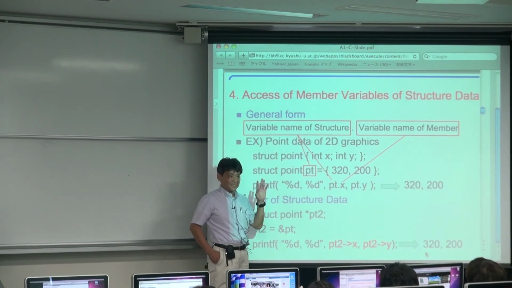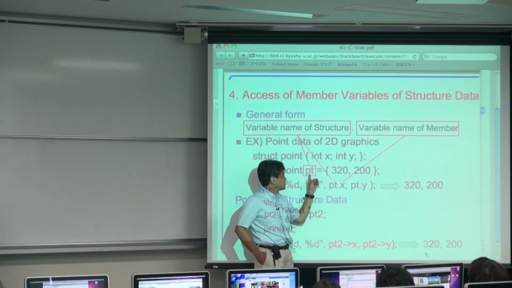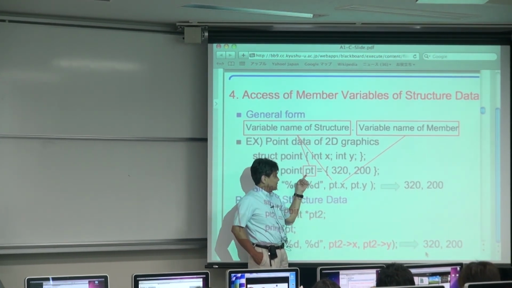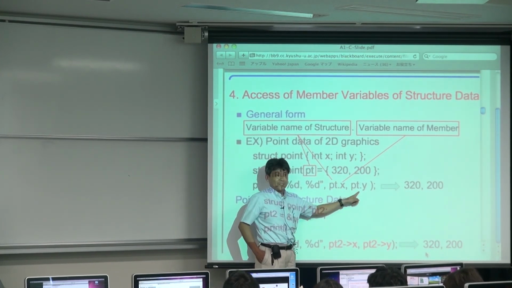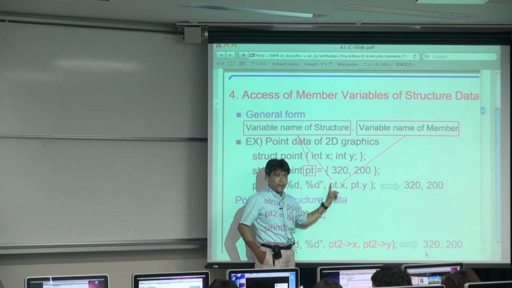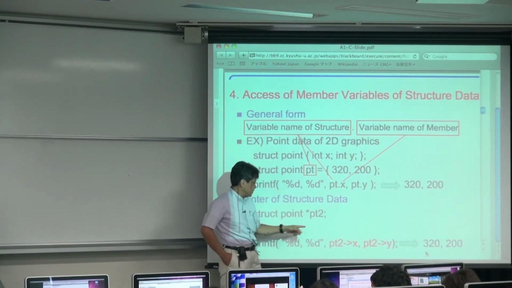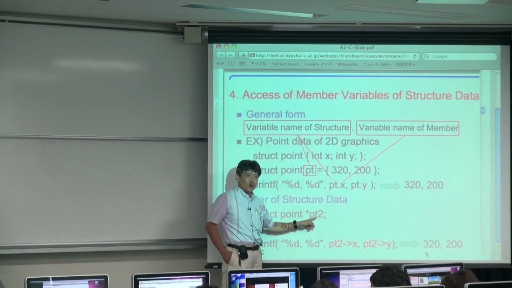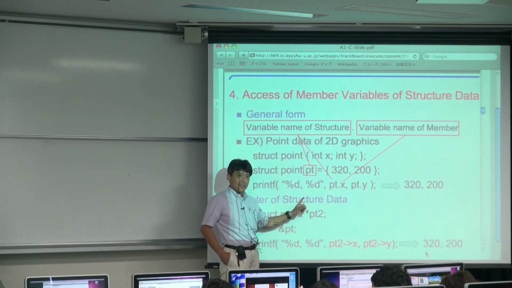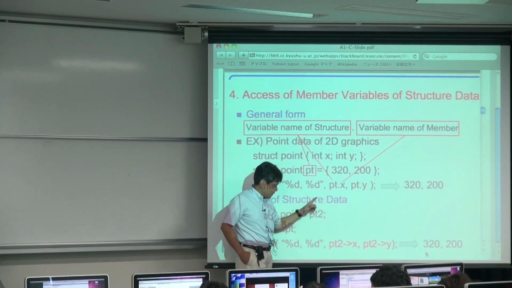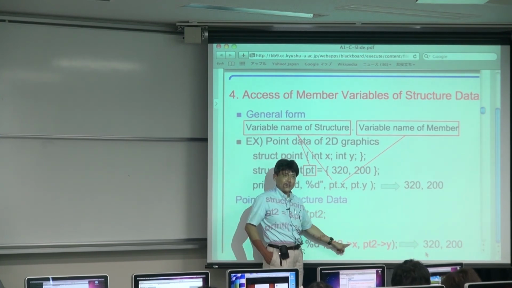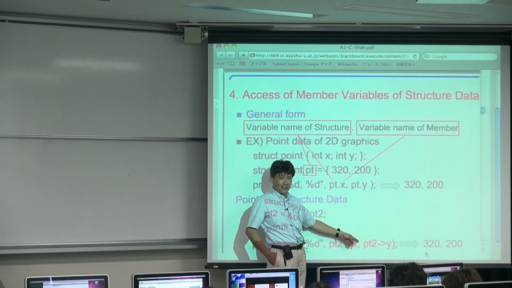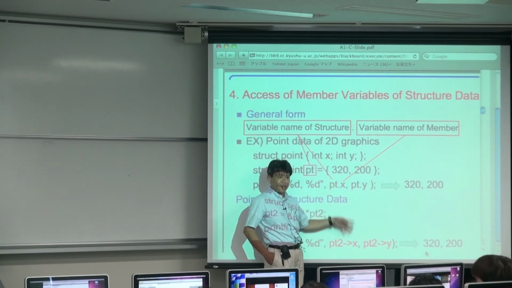Okay? So PT is the instance. In this case you can use dot to access its member variables. If the variable is a pointer type for structured data, in these cases, you can use hyphen greater-than to access its member variables. Okay? There is the difference.